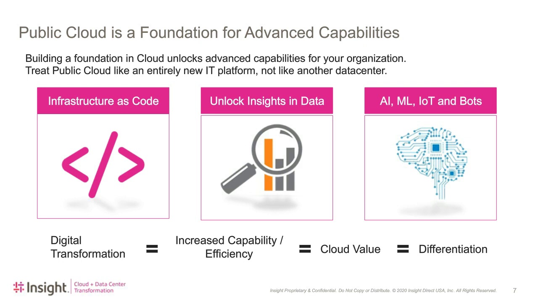Once you get your data into the cloud, you can unlock the power of that data through artificial intelligence and machine learning. Internet of Things, you can gather data from the field and then you can mash it together with other data and do fantastic things, build new applications. And that's driving net new value and capability to your organization. It's allowing you to create new service and product offerings for your customers.